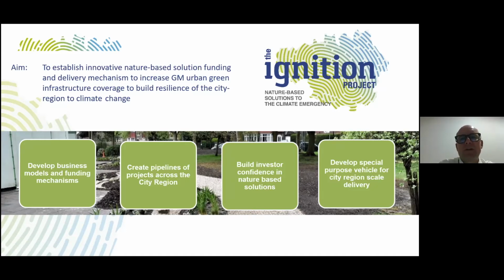Through the Ignition project we're looking at how we can deliver nature-based solutions, so green roofs, green walls, swales, rain gardens, and how we can fund those and scale that up across Greater Manchester. There's a living laboratory at the University of Salford where they put in a green roof, a green wall and a rain garden, and they're testing that.